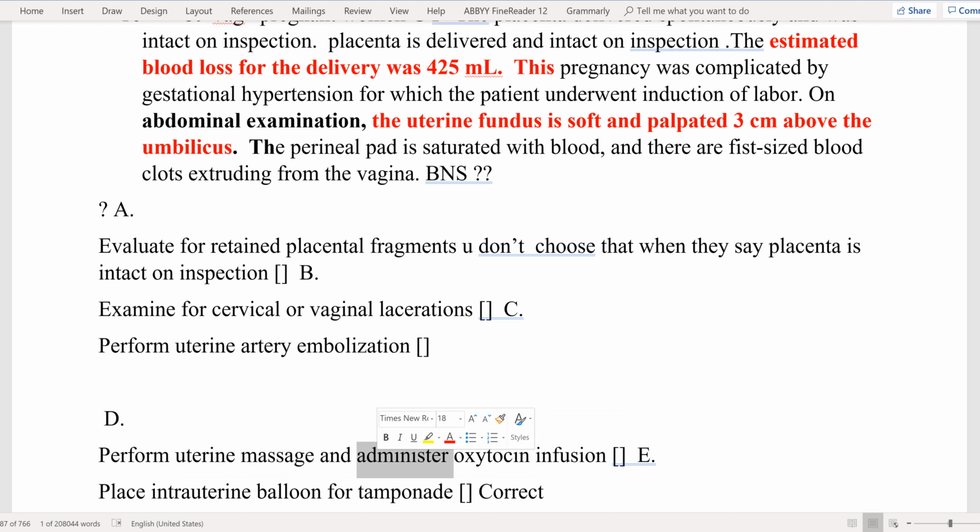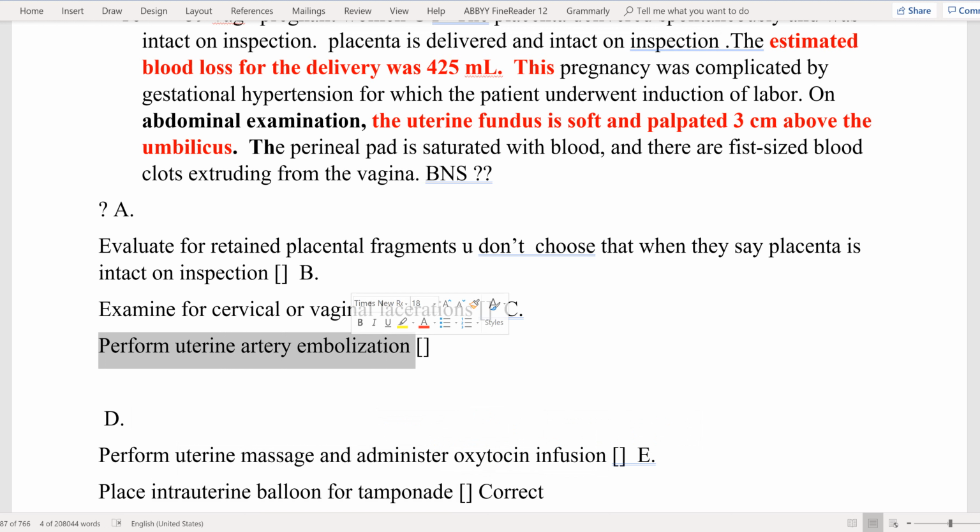If that didn't work, we do misoprostol. If that didn't work, then we do a balloon for tamponade. If that didn't work, then we do uterine artery embolization until we do the hysterectomy afterward. Vaginal inspection for laceration is unlikely because the uterus is boggy, most likely atony. So we have to start management immediately.